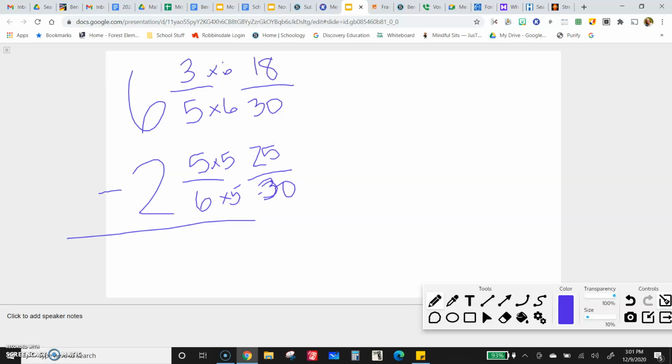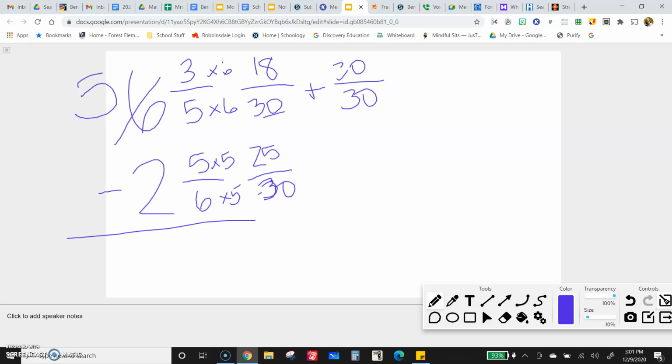Now I go to subtract my fractions. 18 minus 25. Can't do it, so I need to regroup. Go get 1 from over here. I'm going to add on 1 over here, but I'm going to write it in 30ths because that is what my denominator is. Whatever my denominator is, that's what I use to write my whole. Again, if it was fourths, it'd be 4/4.